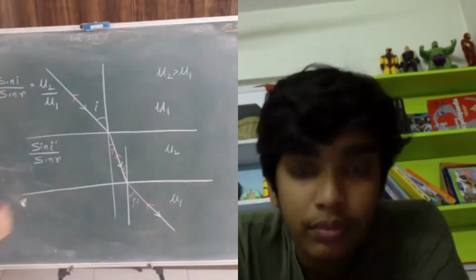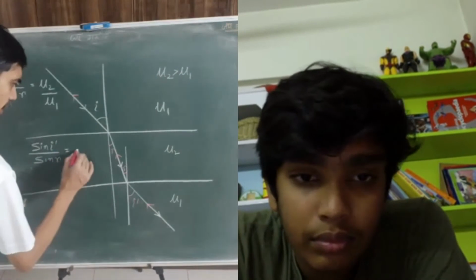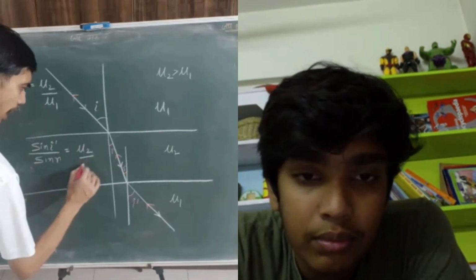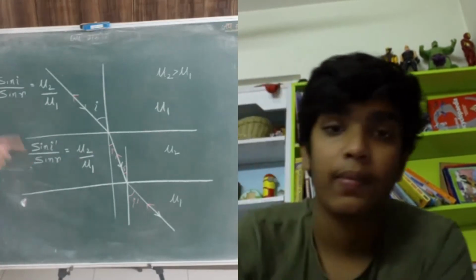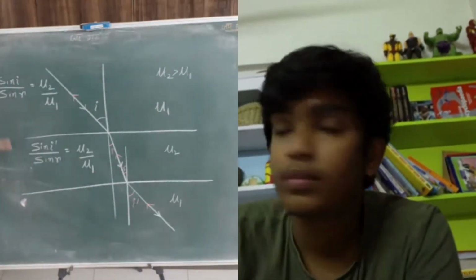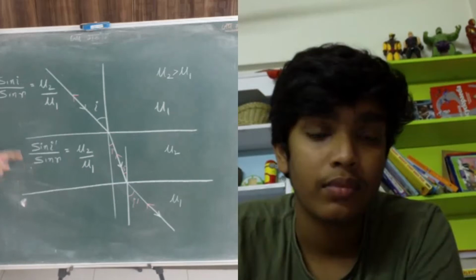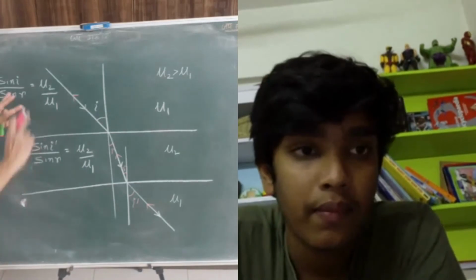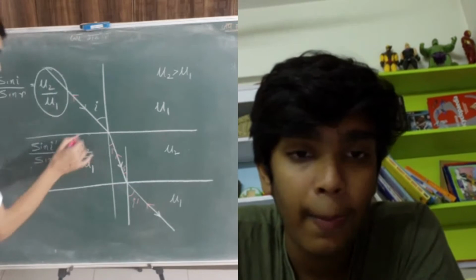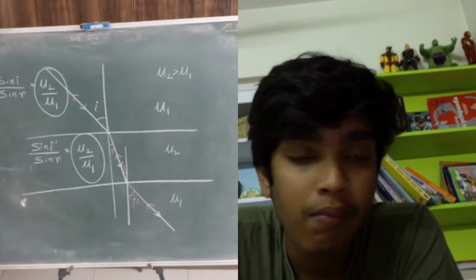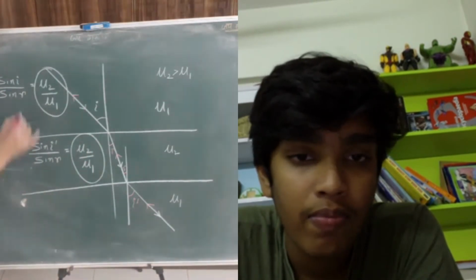How much is it? It is mu2 by mu1, correct? What is on the right of the equality? mu2 by mu1.